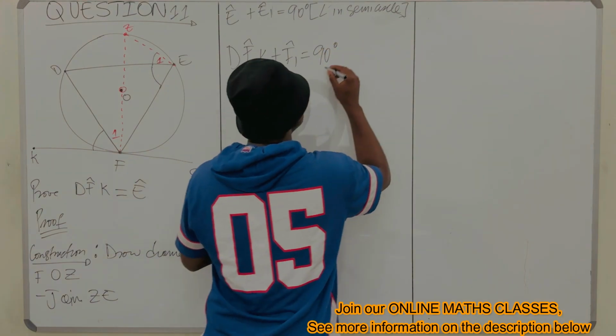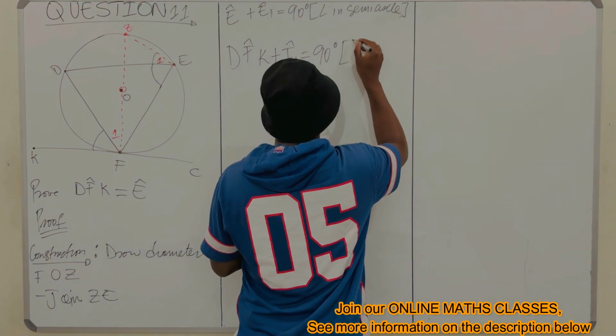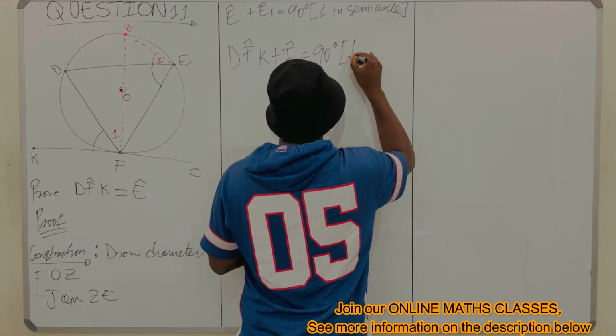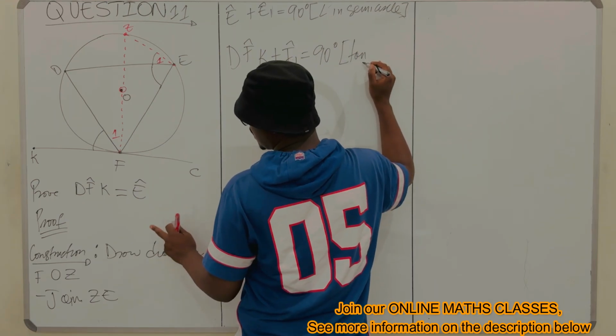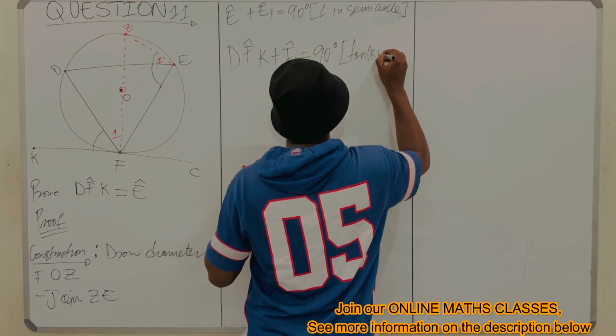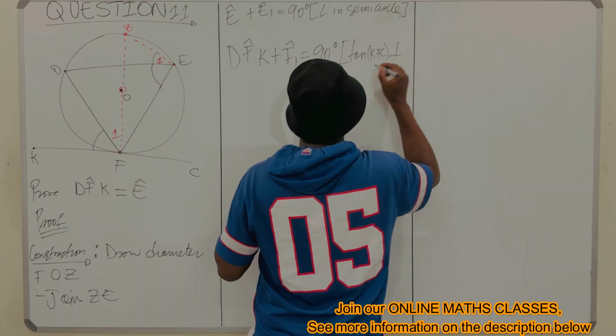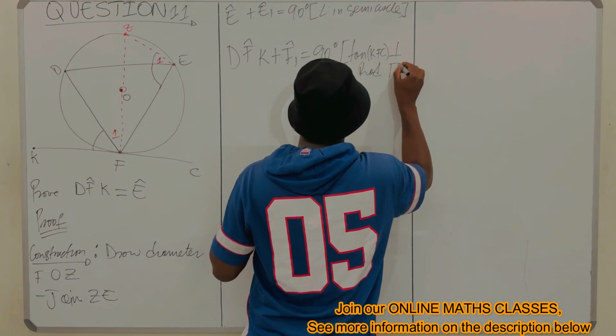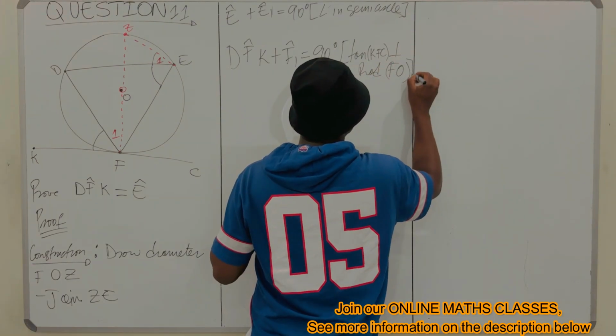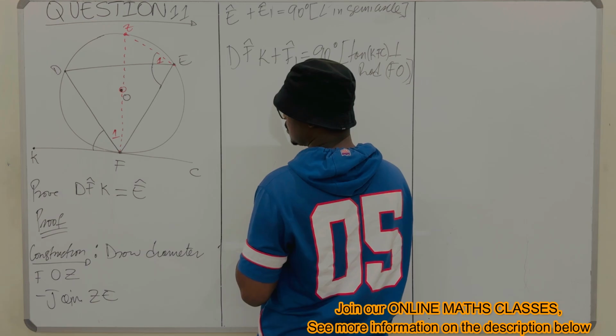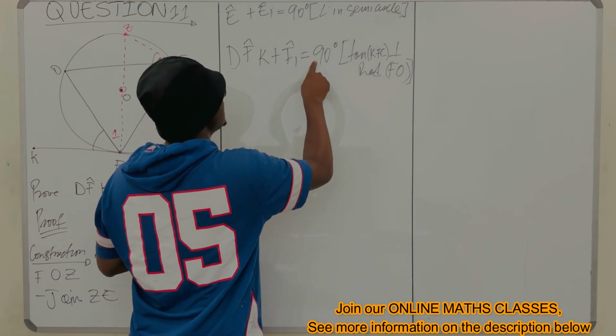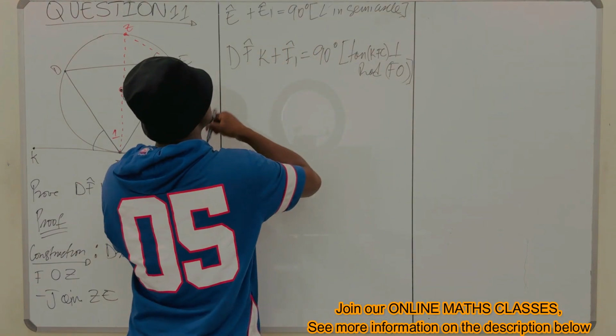Why? Because our tangent, KFC, is perpendicular to our radius, which is FO. Right? Fine. So 90 is the same as 90.